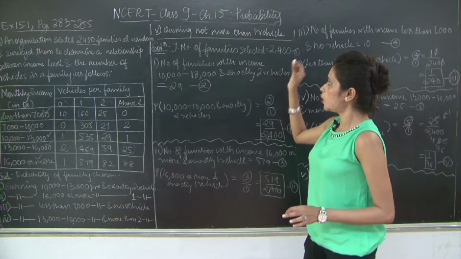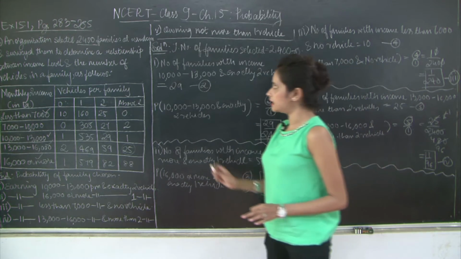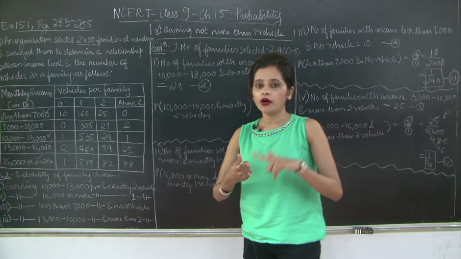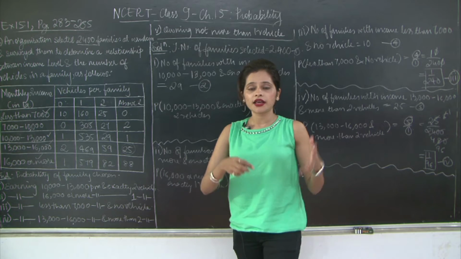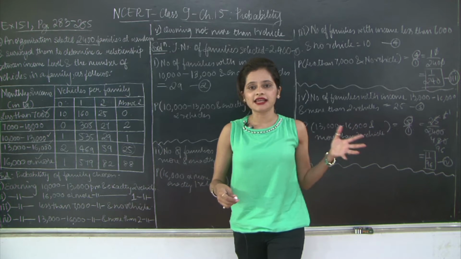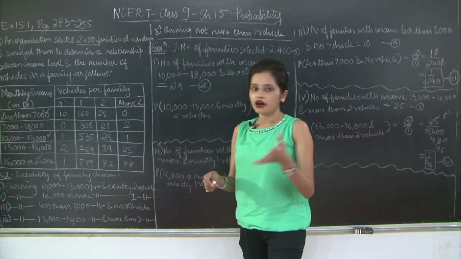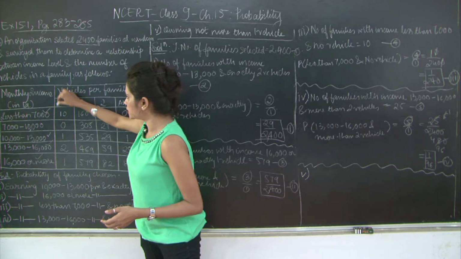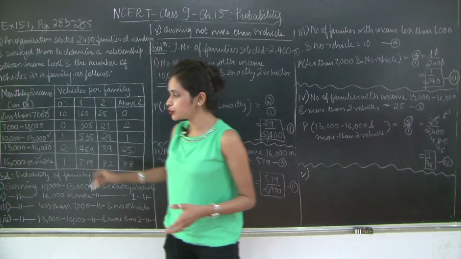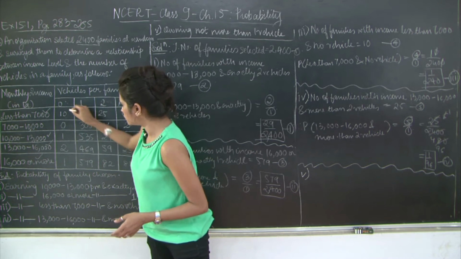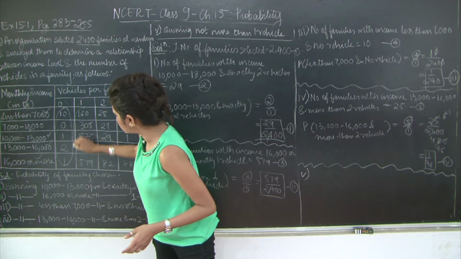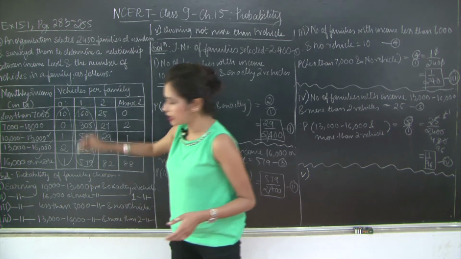So let's see, owning not more than 1 vehicle. This means the families can own either 0 vehicles or 1 vehicle, right? Not more than 1 means anything that is less than 1 and equal to 1. So less than or equal to 1. So we have 0 vehicles and 1 vehicle. So we are going to count all these values, these plus these, because these are the total number of families.